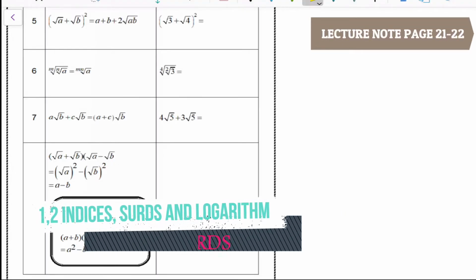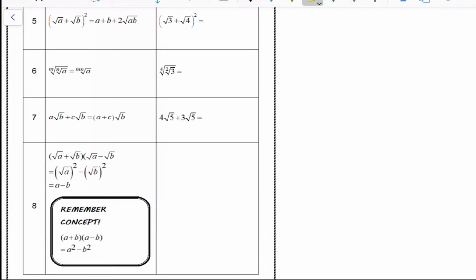Let us move on to the 5th rule of surds that we have here. The statement here states that surd a plus surd b, squared, is equal to a plus b plus 2 surd ab. I'm going to prove to you why this expression is equal to this expression.